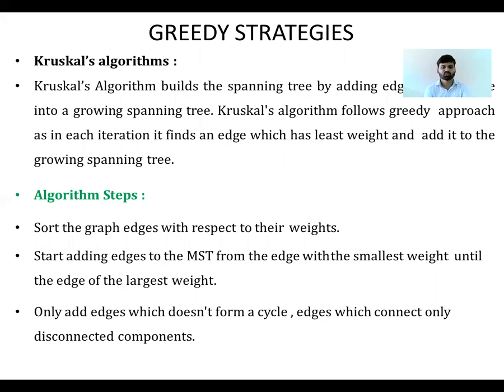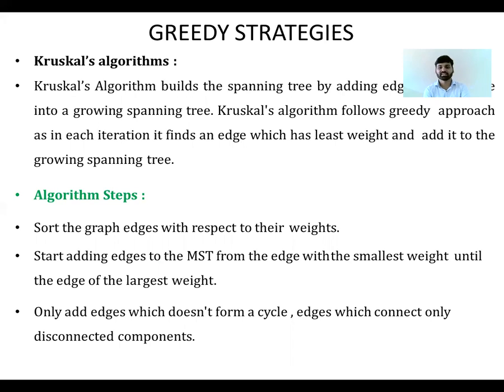What is Kruskal's algorithm? Kruskal's algorithm builds the spanning tree by adding edges one by one into a growing spanning tree. In this algorithm we have to perform the following steps. First one is sort the graph edges with respect to their weight. We have to sort all the edges of your graph. Then start adding edges to the minimum spanning tree from the edge with the smallest weight.